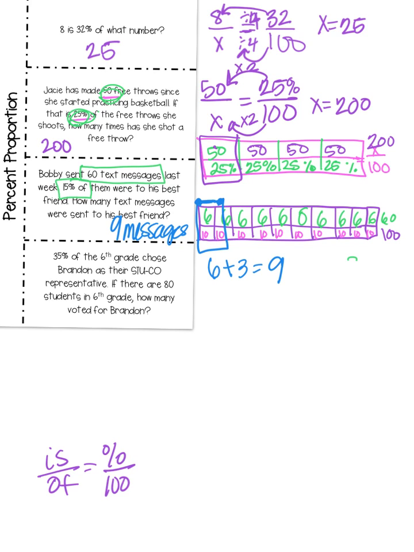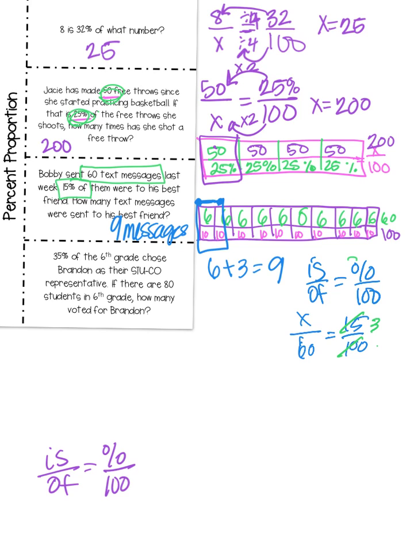Okay, so let's just do an is over of. Okay, so is over of equals percent over 100. Okay, Bobby sent 60 text messages, so he sent 60, and that was 15%. That's X, right? Okay, let's simplify first. This is going to become 3.